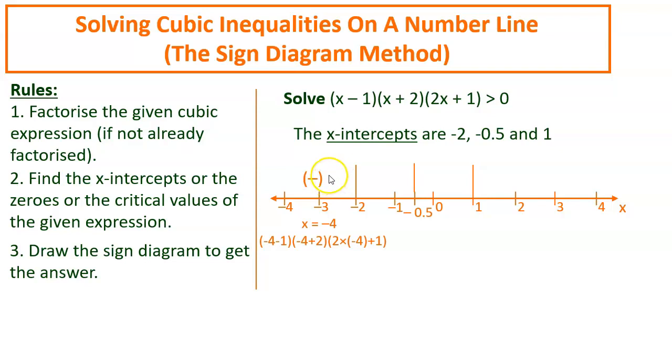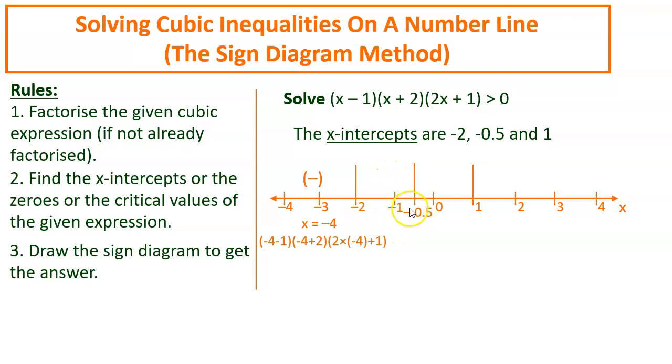So it will always be a negative number, whatever value you take for x from this region. Okay. So we are getting negative products for values of x from this region. And we are not interested in negative products. So we move on to the next region.